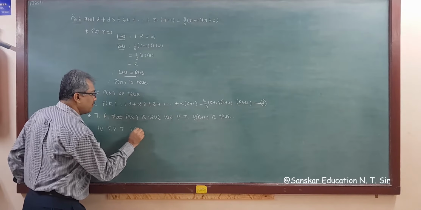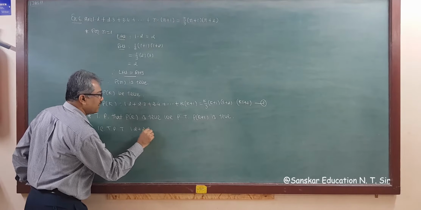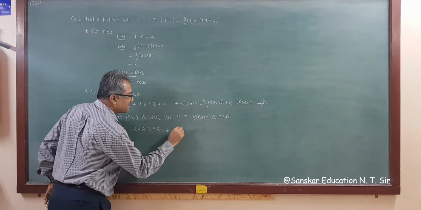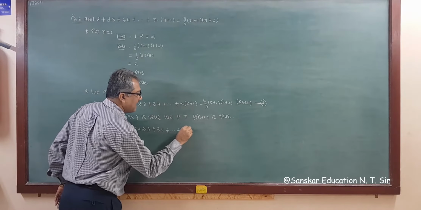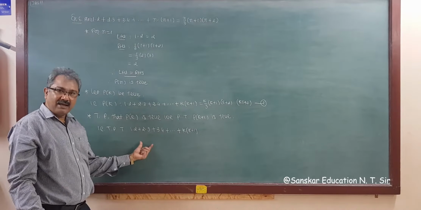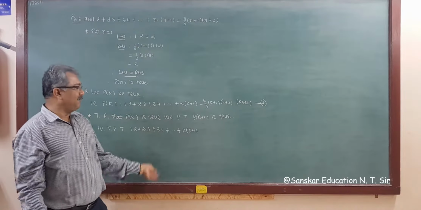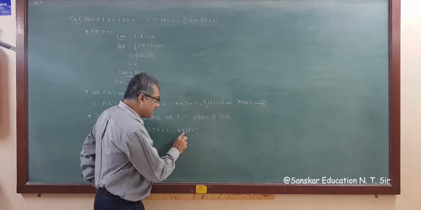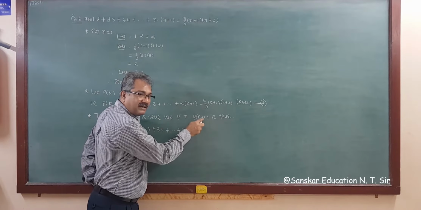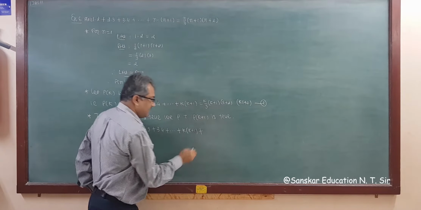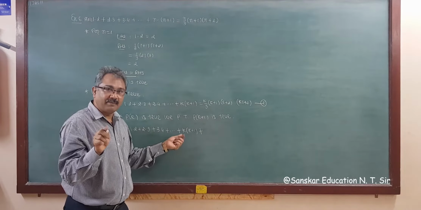1 into 2 plus 2 into 3 plus 3 into 4 plus dash dash dash plus k into (k plus 1). So this is the left hand side of P(k), and then replace k by k plus 1. Because we are writing the step for P(k+1), plus, and use proper brackets, remember this thing.